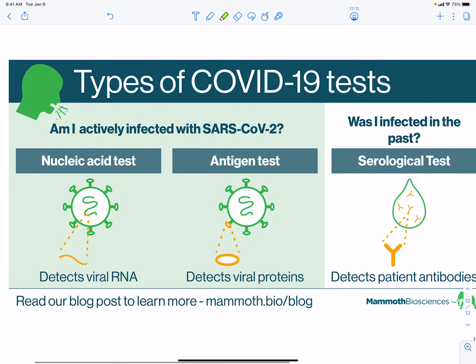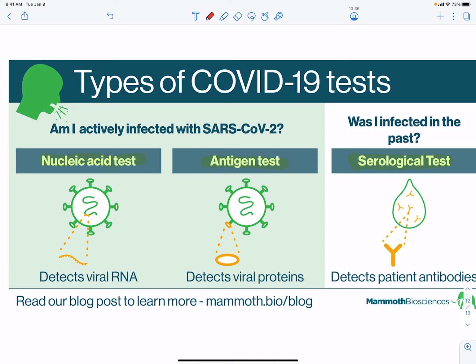With COVID tests, again, there are nucleic acid tests, and there are antigen tests where you're actually trying to detect whether the virus is there and replicating, so you're looking for virus proteins. And a serologic test: did you have an infection in the past? Do you have antibodies? Have you seroconverted?